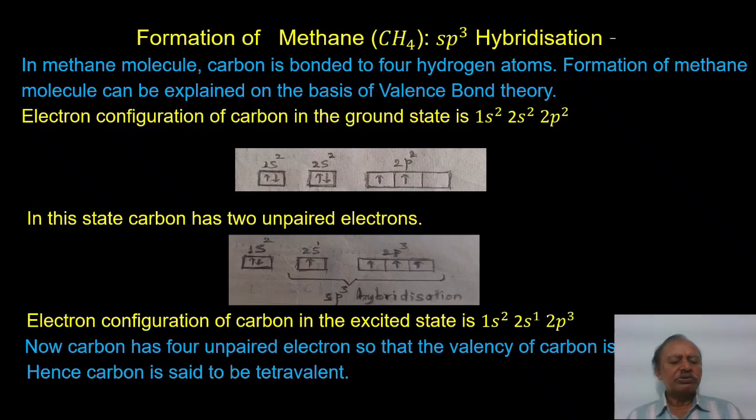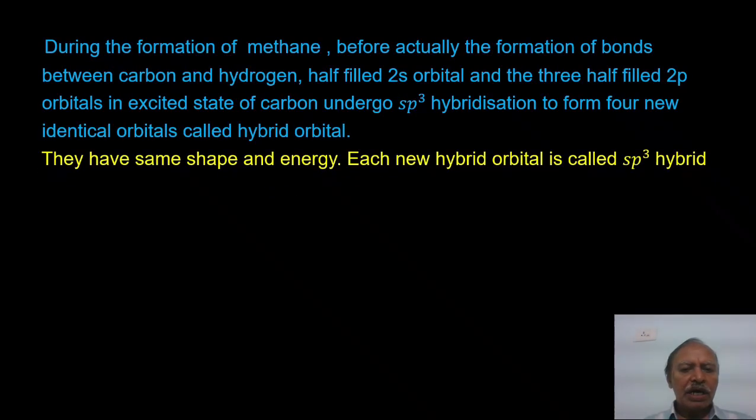Now we shall see how the bonds are formed. Before the formation of bonds, the atomic orbitals undergo hybridization before the bonds are actually formed between carbon and hydrogen. This half-filled 2s orbital mixes with the three half-filled 2p orbitals.